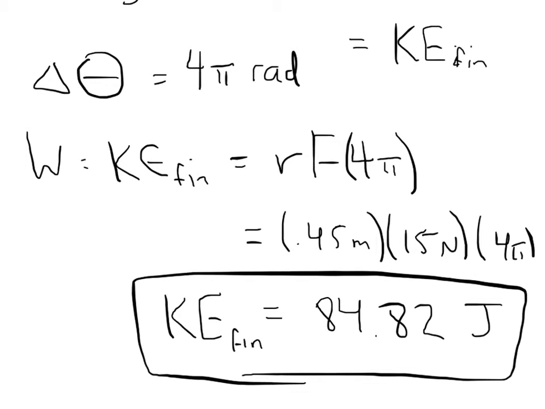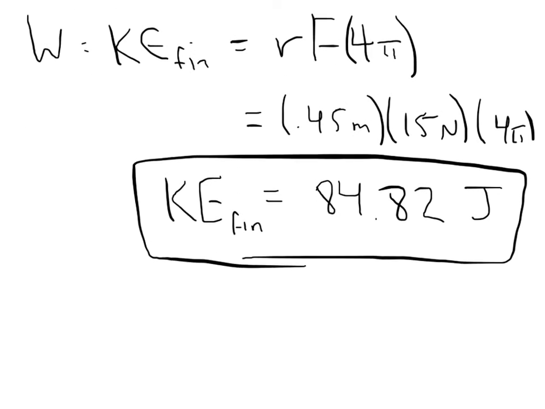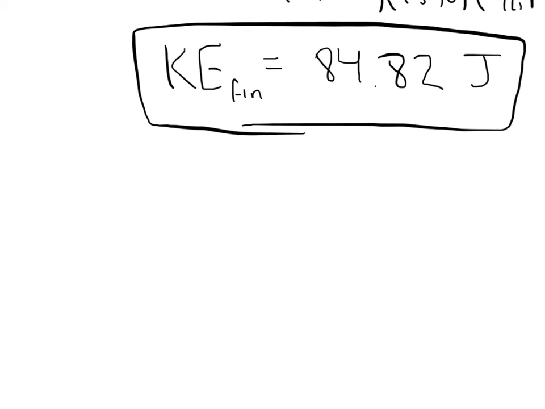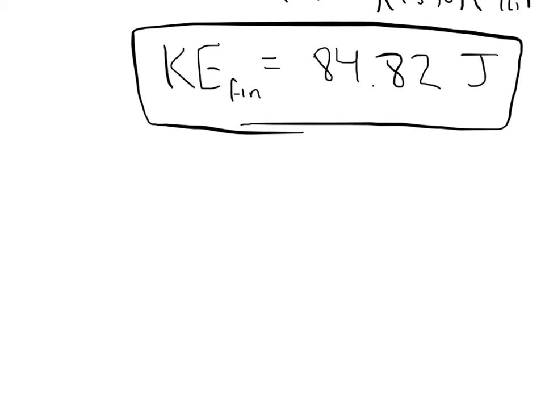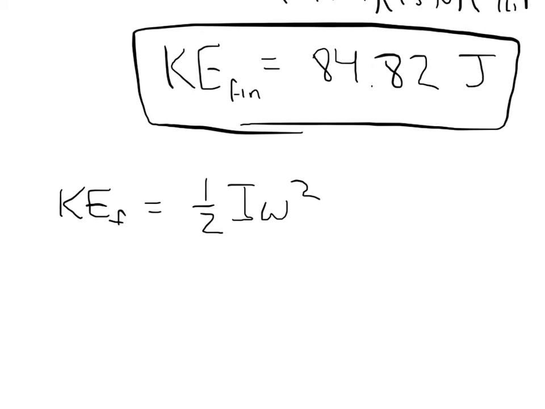The second part of the problem is, how fast is the wheel rotating? In this case, we can say the final kinetic energy, KE sub f, is equal to, because it's purely rotational, 1/2 I omega squared. I is the moment of inertia, and omega is the angular velocity.